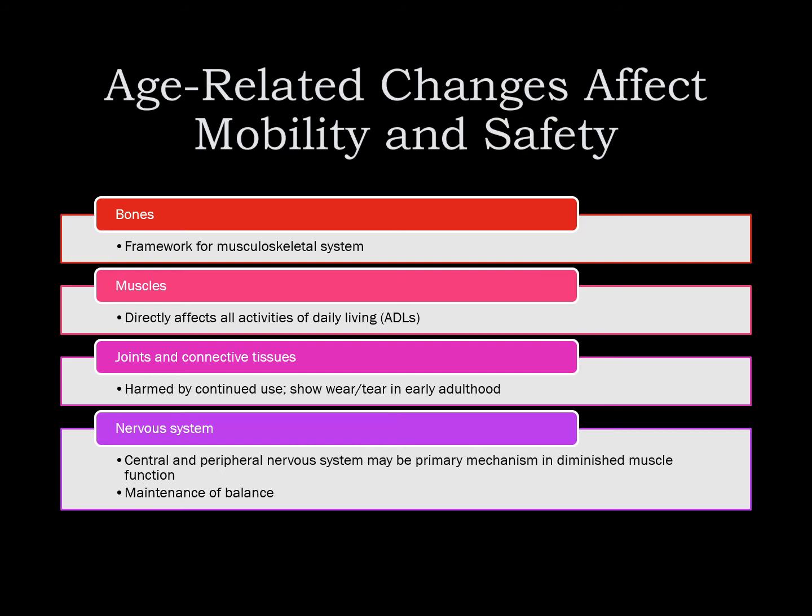In fact, the medical term sarcopenia relates to loss of muscle mass, strength, and endurance. Age-related changes affecting joints and connective tissue are due to excess wear and tear, which starts actually in early adulthood, unfortunately. Unlike bones and muscles, which thrive with exercise, our tendons, ligaments, and joints become worn out over time.